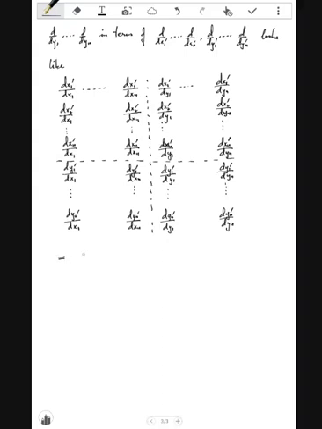So this matrix is of this type because of the Cauchy-Riemann equations.